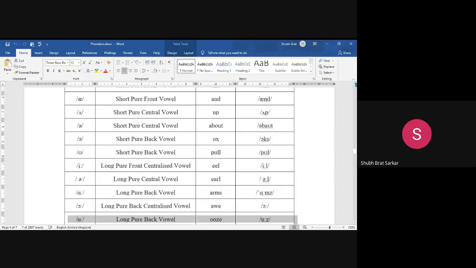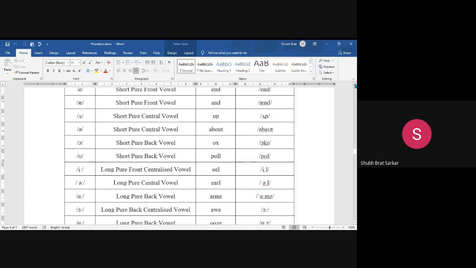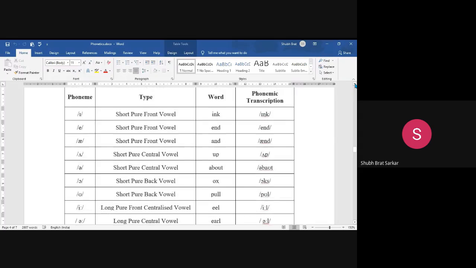So let us summarize what we have learnt about these short and long vowels. First, we call these monophthongs. Second, we call these pure vowels. Third, these are all oral sounds, we call these monophthongs, because the tongue will be taking one position.